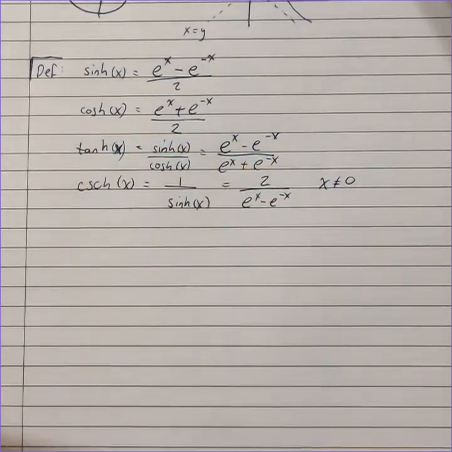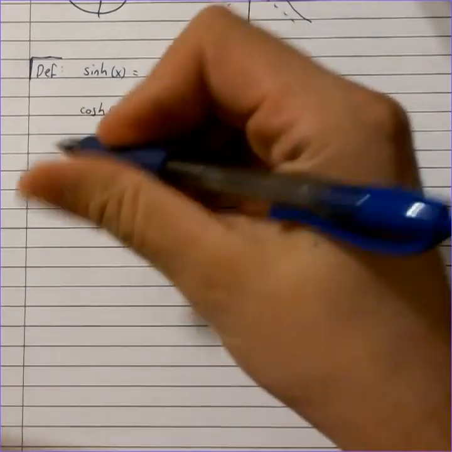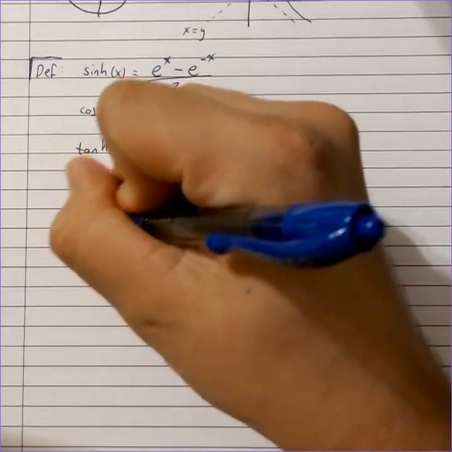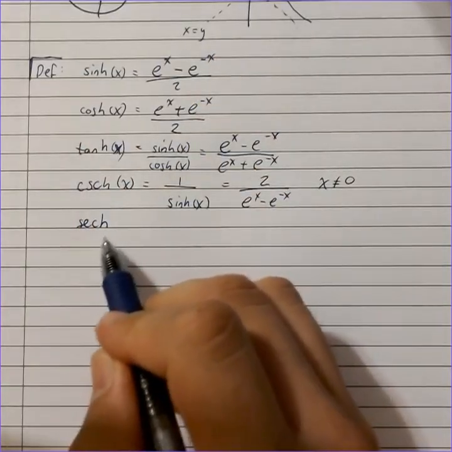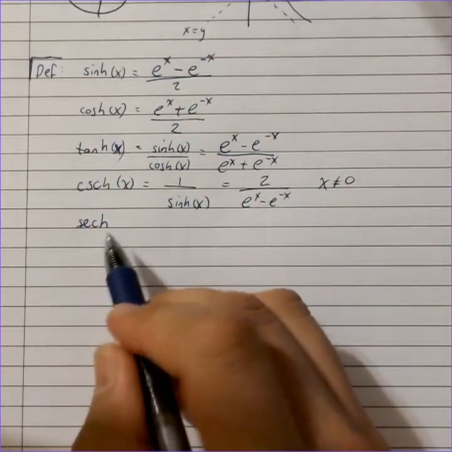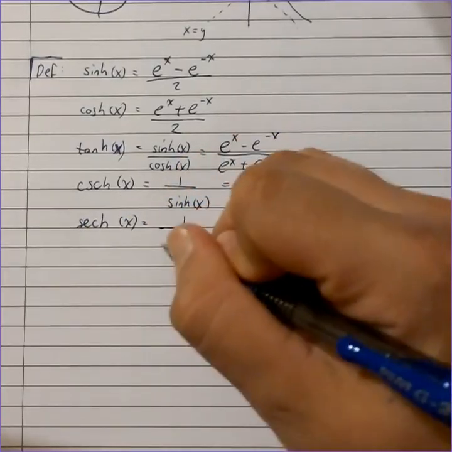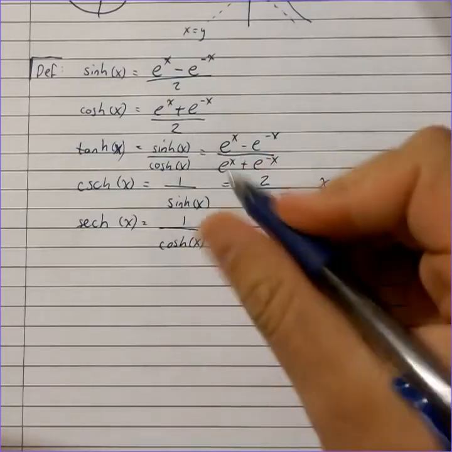The reciprocal of the hyperbolic cosine function, the reciprocal of cosh, is going to be the hyperbolic secant function, also called sech. That one almost makes sense, right? Sech. The hyperbolic secant function of x is going to be defined as the reciprocal of cosh.